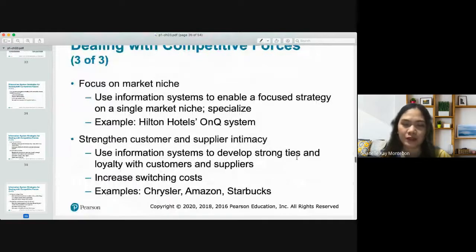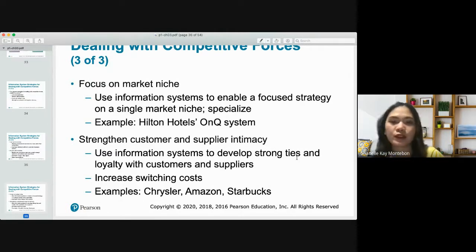The third strategy to deal with competitive forces is to focus on market niche. So use information systems to enable a focused strategy on a single market niche or to specialize. So an example is Hilton Hotels' OnQ system. The OnQ system of Hilton Hotel sinasala niya yung data provided by the customers.